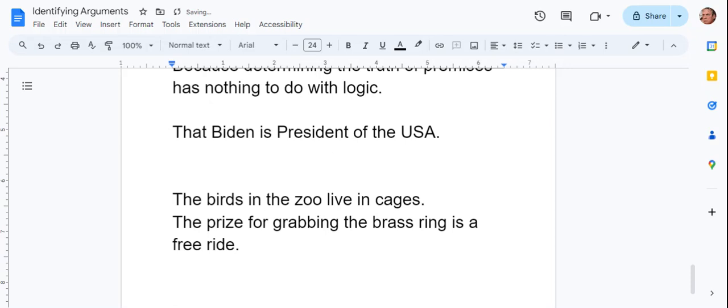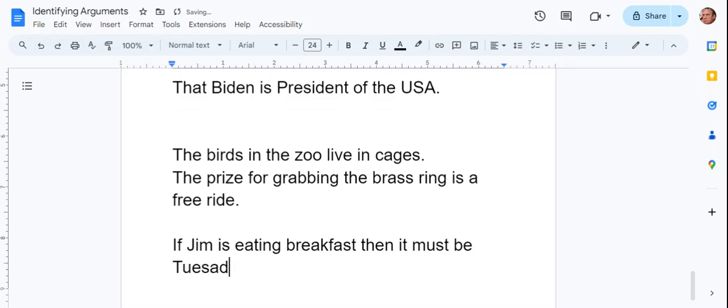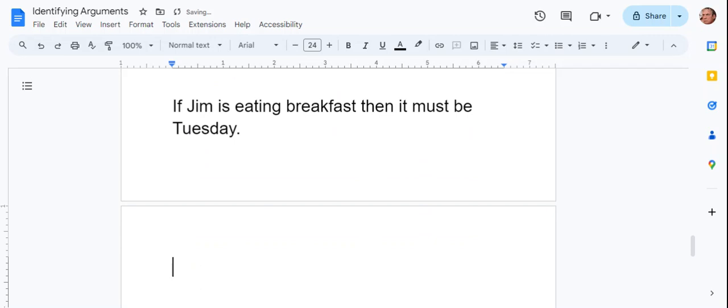Compare this pair of statements with this one. If Jim is eating breakfast, then it must be Tuesday. Jim is eating breakfast.